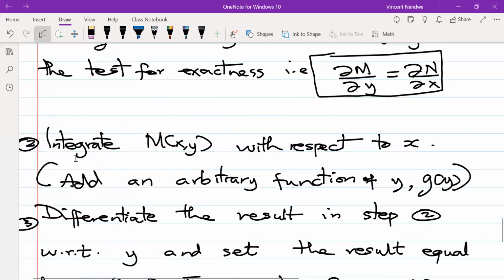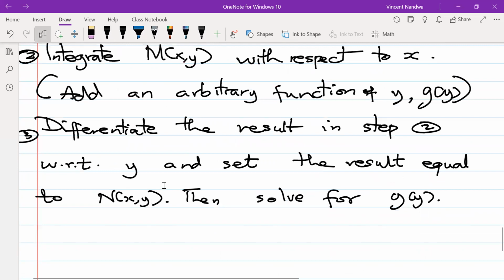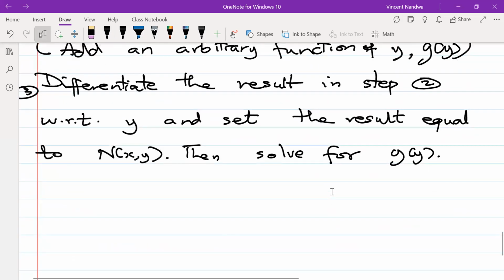So once you integrate the equation for M, you'll get a function f, and then when you differentiate that function with respect to y, you get partial f partial y. So that partial f partial y is the same as N. So that's why we're equating the two. And then once we equate the two, solve for this constant, which is written as a function of y. Maybe we can actually say solve for the derivative of this function g.